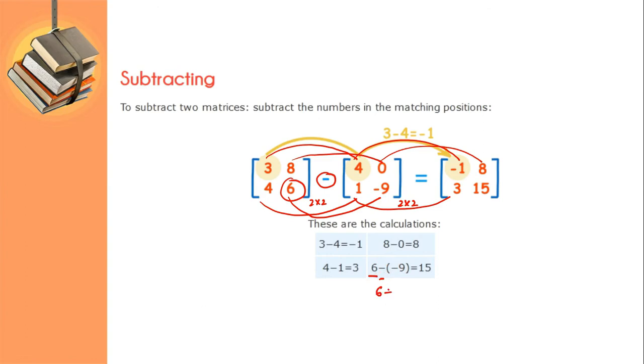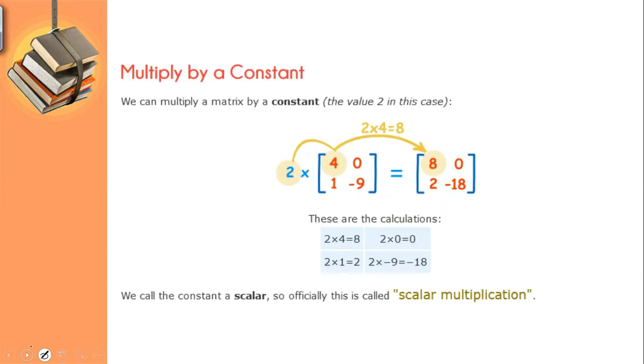So minus minus will be plus. So 6 plus 9 is equal to 15. Again I am repeating that for addition and subtraction, the order of both matrices should be the same.